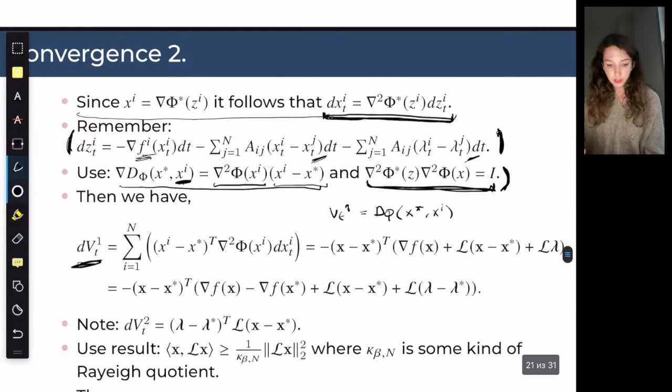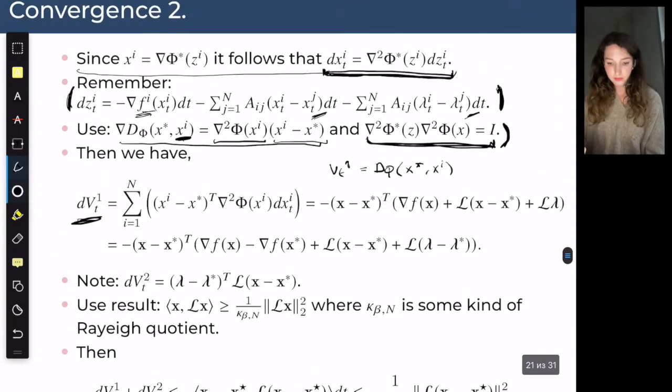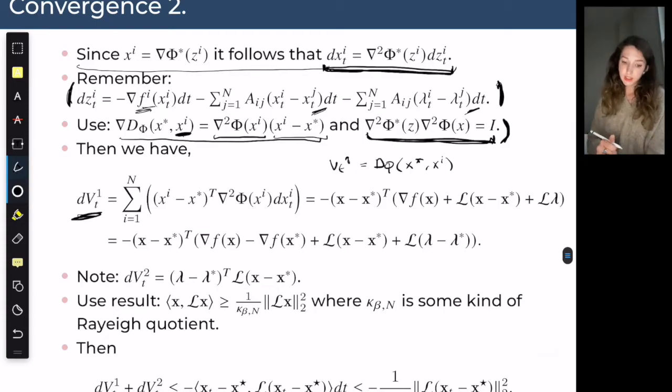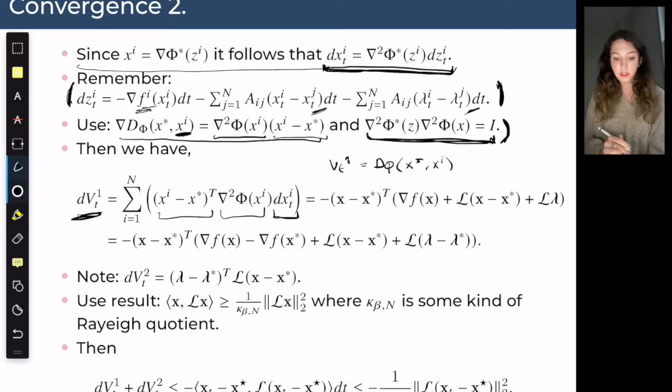Did I write that correctly? Yes. Differentiating, we obtain this. So basically this comes from taking the derivative. This also comes from taking the derivative. And this is then just the dxti dynamics.